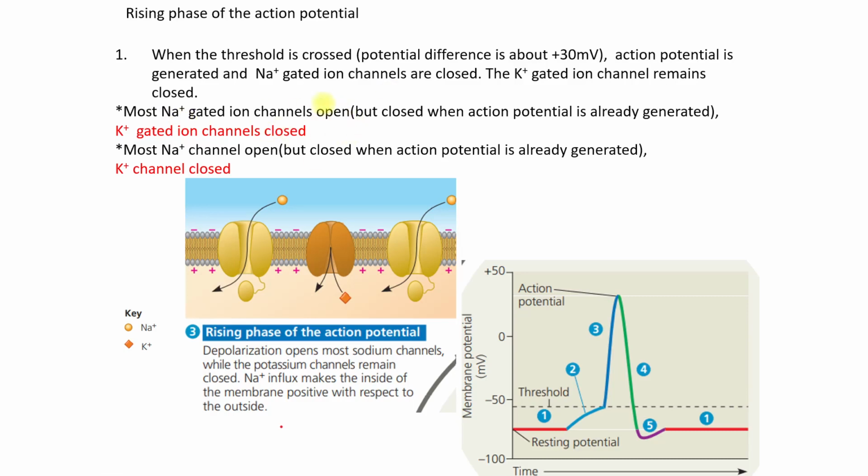But these sodium ion gated channels will close when the action potential is already generated, which is here at the peak of this graph. So when the action potential is already generated, most sodium ion gated ion channels will close.